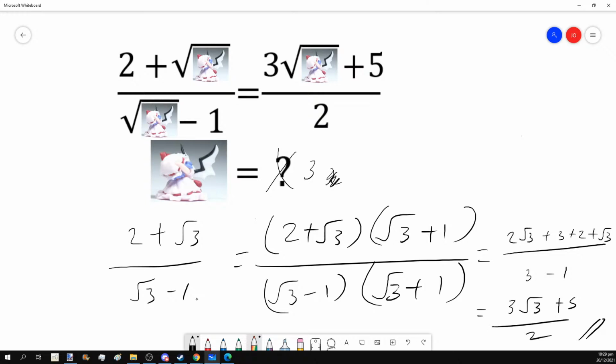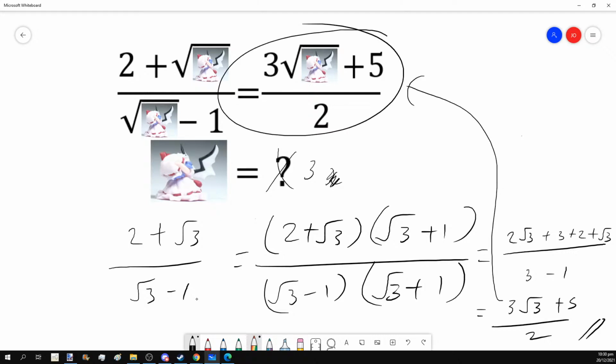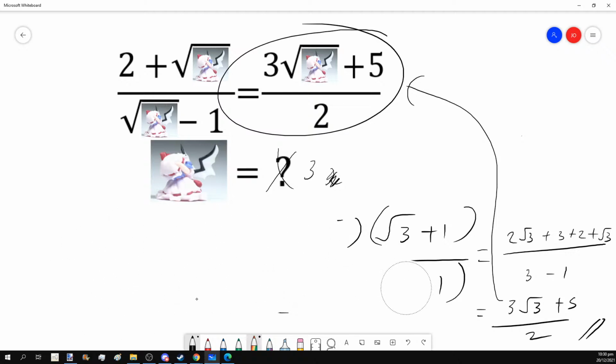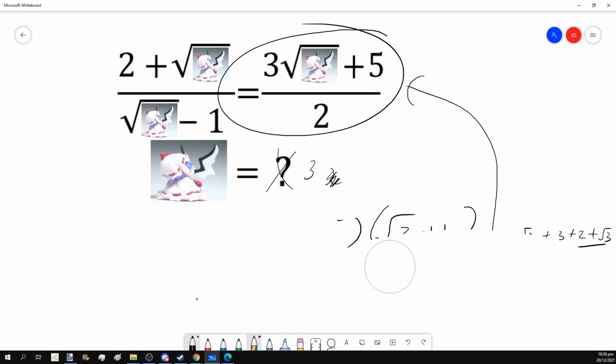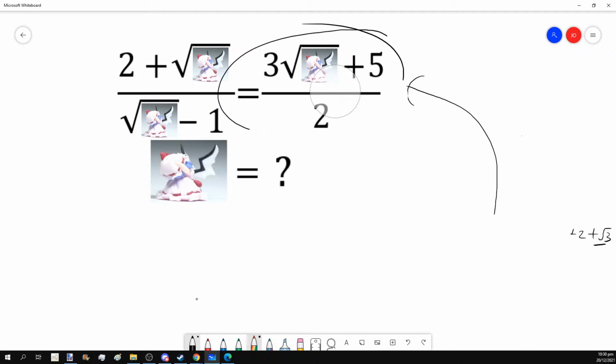And you will observe that the result after rationalization is exactly the same as the right hand side. So actually this was not just an algebraic find the value of x question, but it was also created by using the rationalizing denominator by taking the conjugate of the denominator.